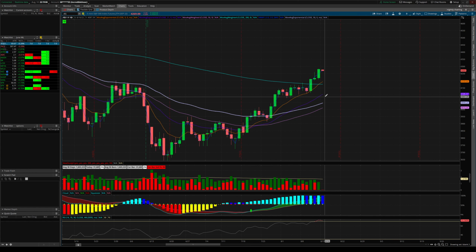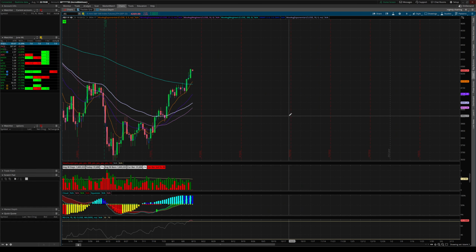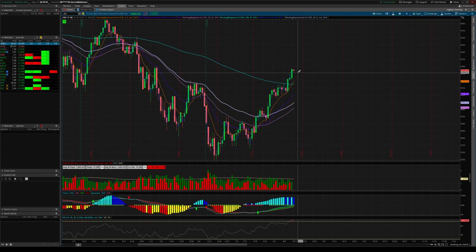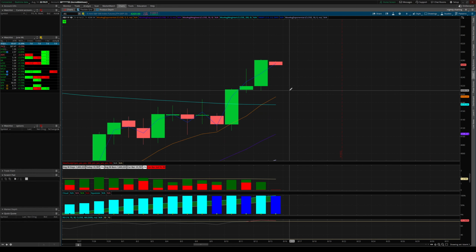And in my eyes, we're actually a little bit extended. We kind of went past the 200 weighted moving average and never even really came back to retest it, let alone the daily 9. We're a little bit far above it. So in the short term, I would think that we might pull back, and you can even see that the futures candle here opened up red.